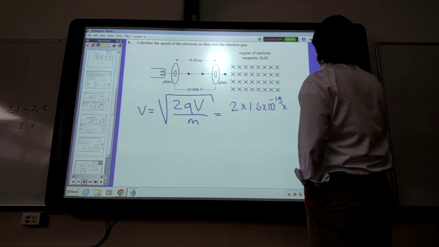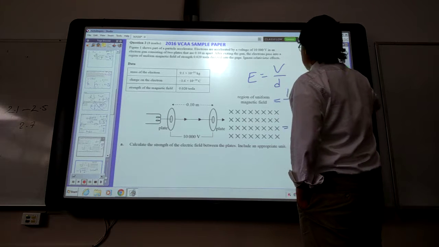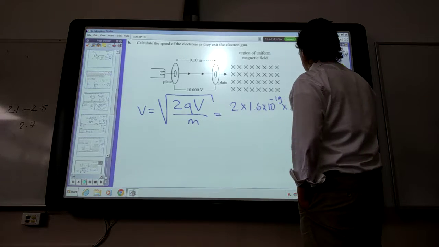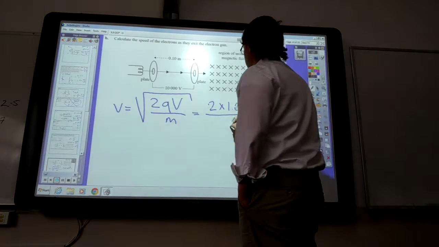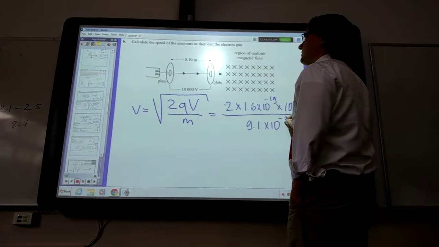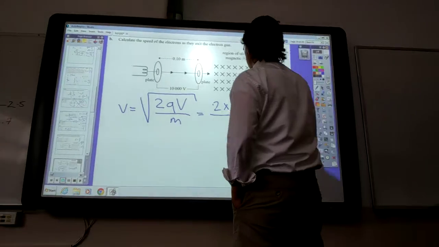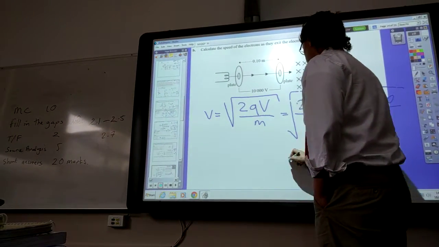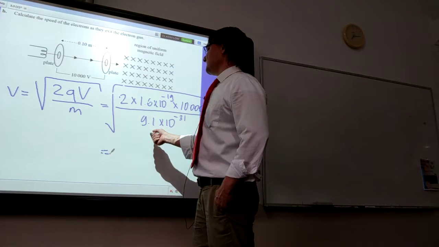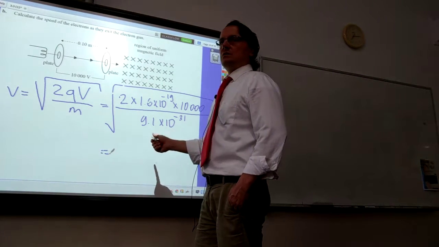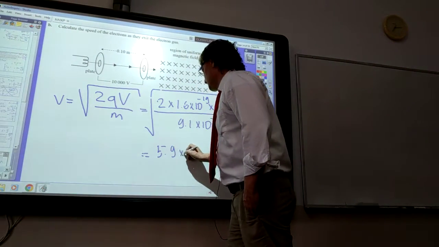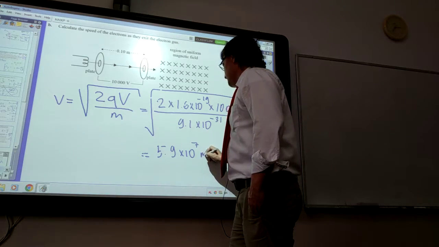10,000 volts divided by 9.1 times 10 to the power minus 31 kilogram, square root, will give me the answer as 5.9 times 10 to the power 7 meters per second.